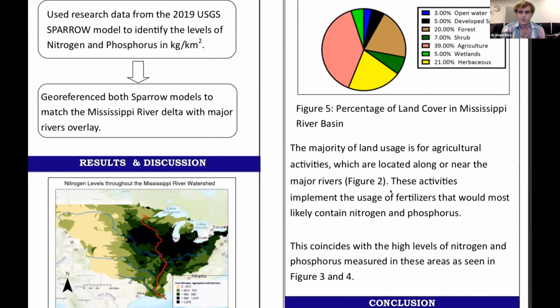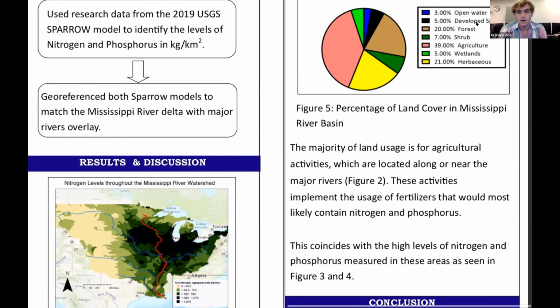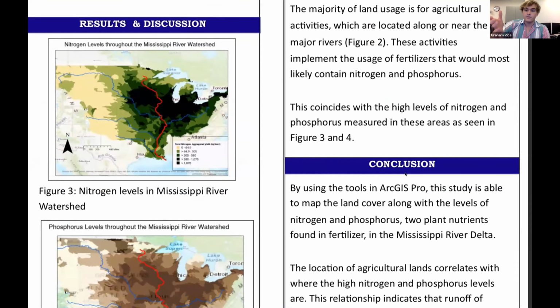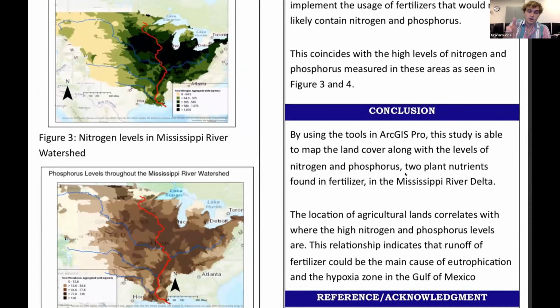That doesn't really make much sense because the soil is very fertile, but the processes used to grow this agriculture can have very bad effects with runoff into the river delta. These fertilizers involve heavy usage of nitrogen and phosphorus, which is really detrimental going into the Gulf of Mexico, and can lead to eutrophication and hypoxic zones.